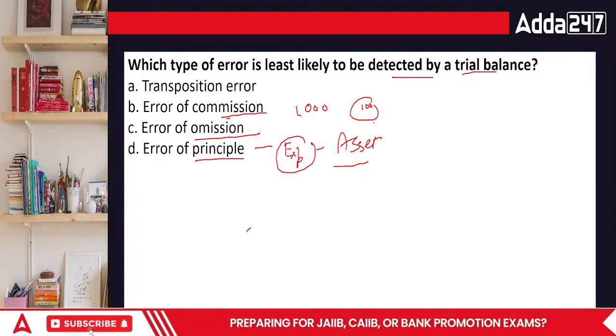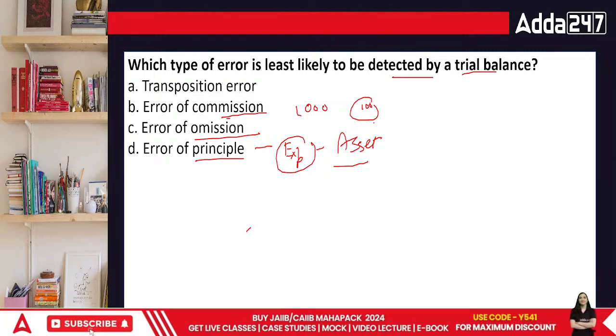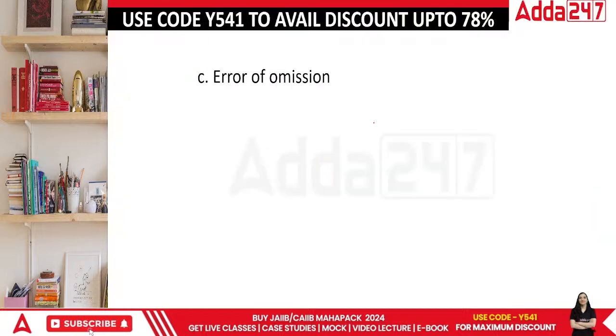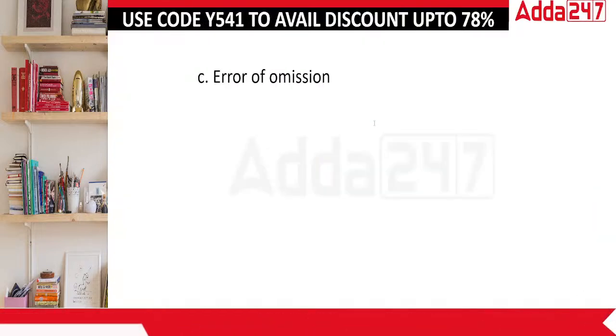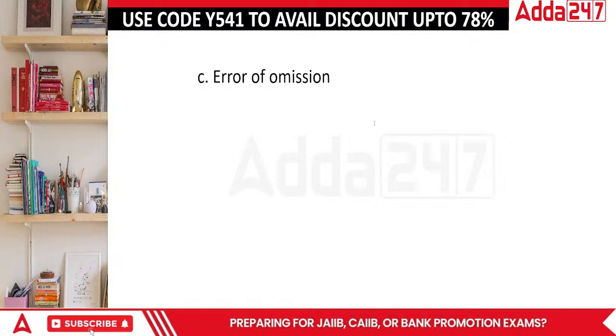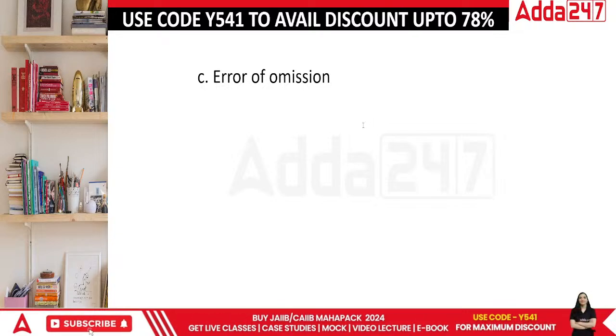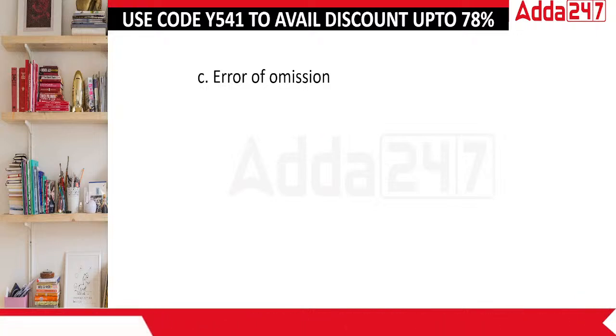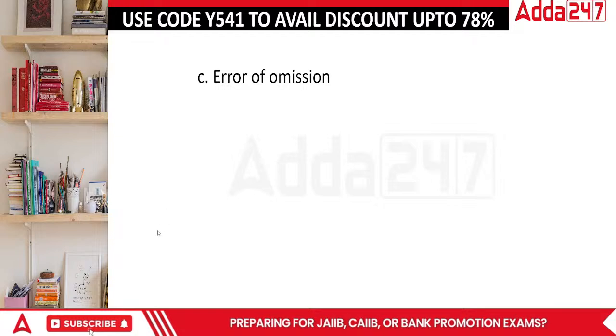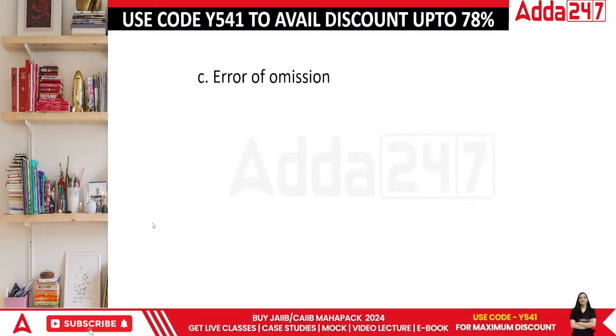In this case, the least likely error, which cannot be traced at all, is basically error of omission. What you forget to record altogether, you cannot find the error in it. You don't even know what the original part was. So how will you say that this is wrong or this is right? To say that something is wrong or something is right, you need to know the origin of it. Now that you don't know about the origin of it, then there is no fight.